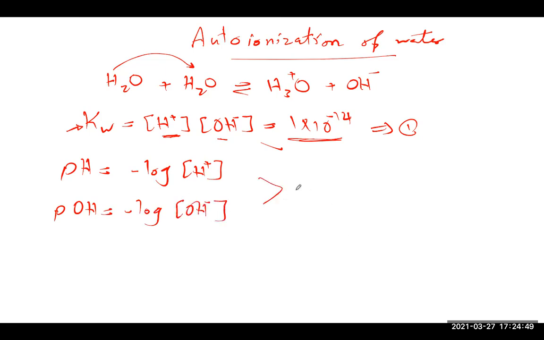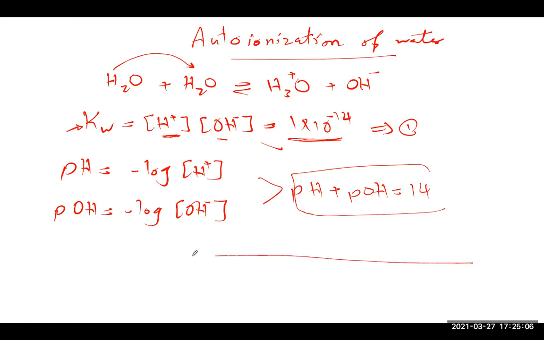And from this, pH plus pOH will equal 14. So we have 4 formulas here. We can use any one of them to calculate the pH or the concentration of any one of them, and we can also predict the acidity of the solution from the value of any one of them.